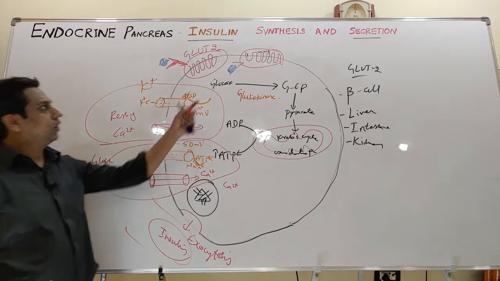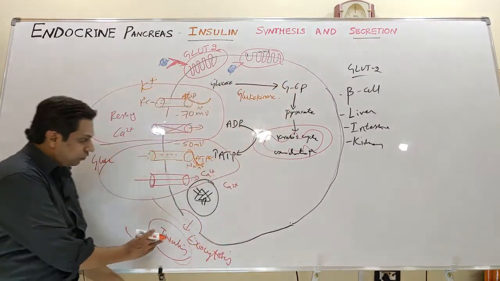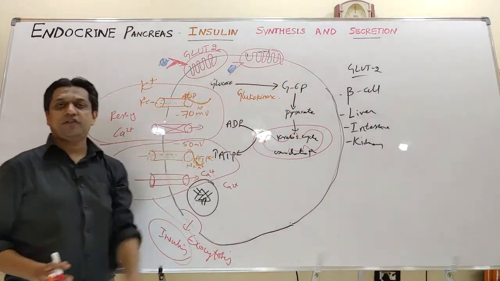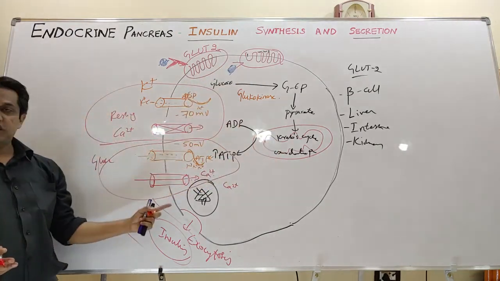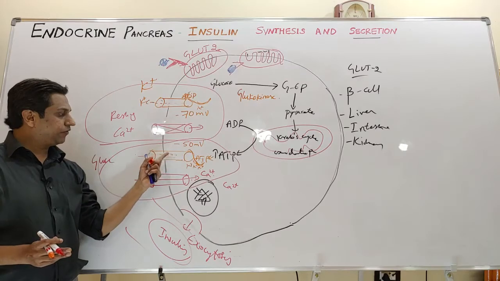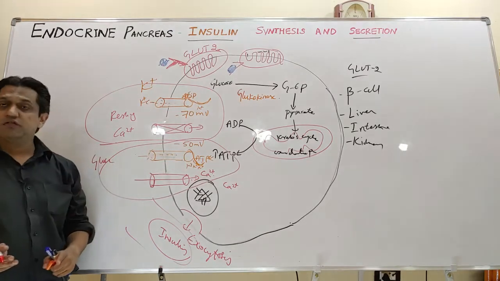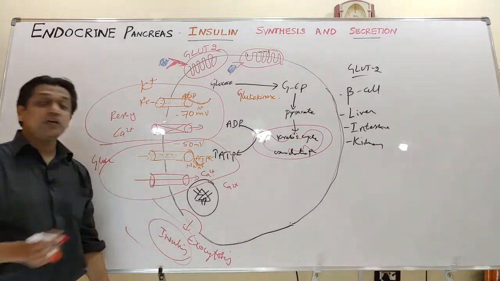So this is how there is secretion of the insulin molecule from the pancreatic beta cells. So many molecular changes take place, especially from these ATP sensitive potassium channels and the voltage sensitive calcium channels, and ultimately insulin is released.